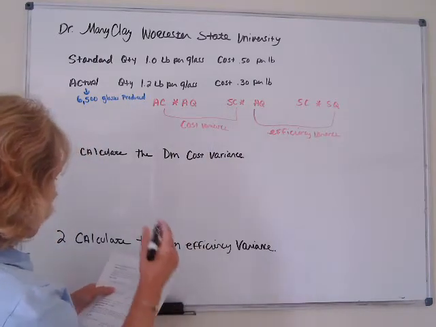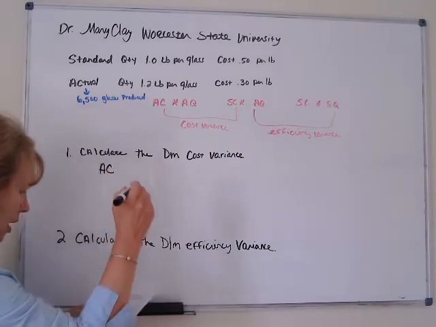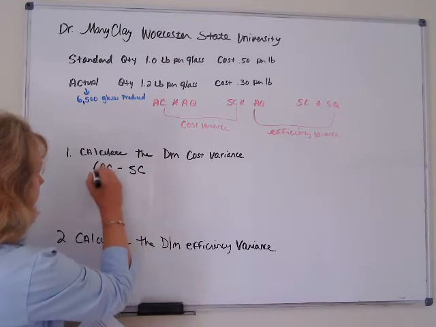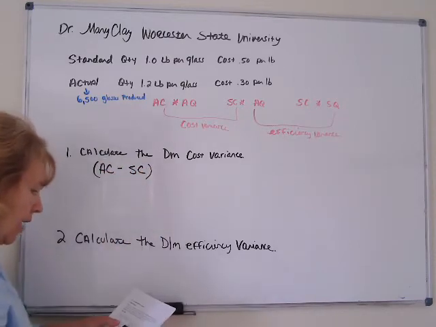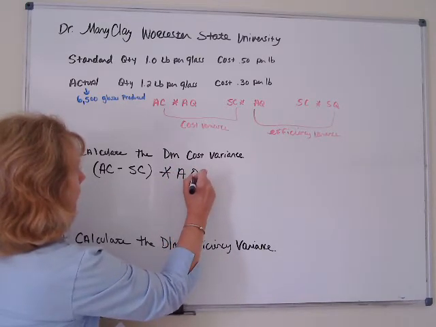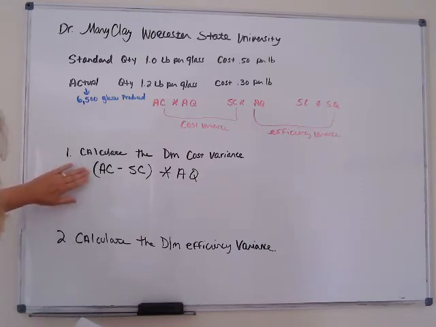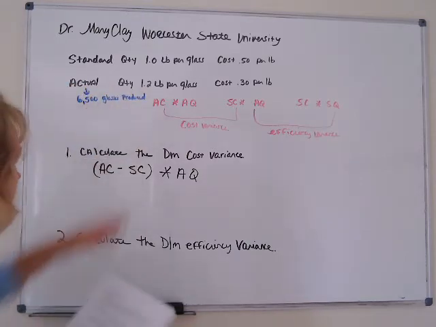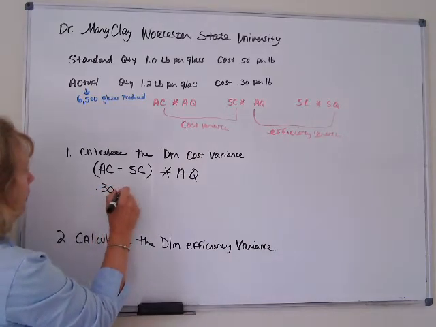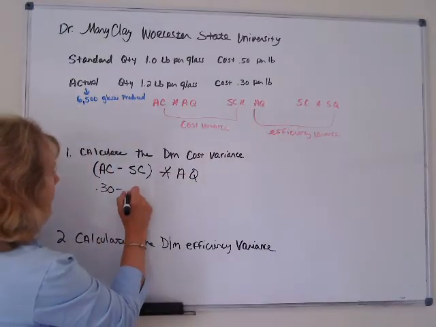I am going to take actual cost and compare it to standard cost, so I'm going to subtract that. And then I'm going to multiply it by the actual quantity. Now I just input my numbers. The actual cost was 30 cents. The standard cost was 50 cents.